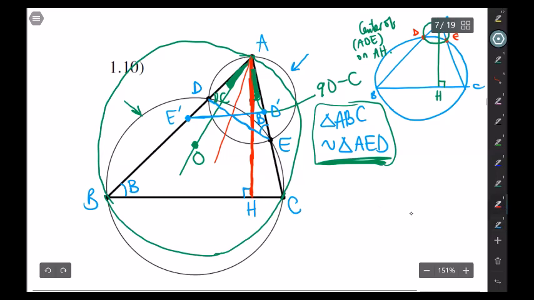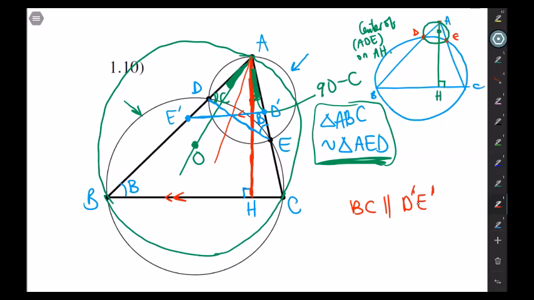Do you guys agree? For the reason that we just explained a minute ago. So those two are parallel segments. BC is parallel to D prime E prime. But now the good news is, in terms of orientation, they are also aligned. Now the two triangles are properly oriented, because of those parallel segments.